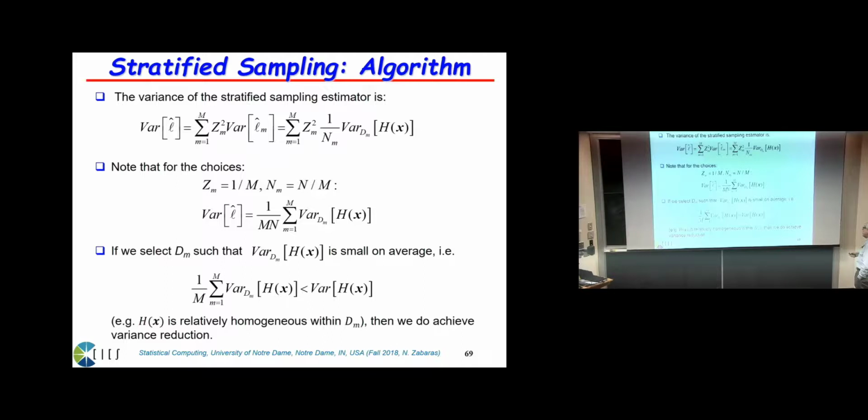And you can show, again, that the variance of this estimator is actually less than the variance of the original estimator. So basically, again, if you condition things on something, the variance is reduced. Okay, so in this case, you get what's called a stratified sampling estimator.